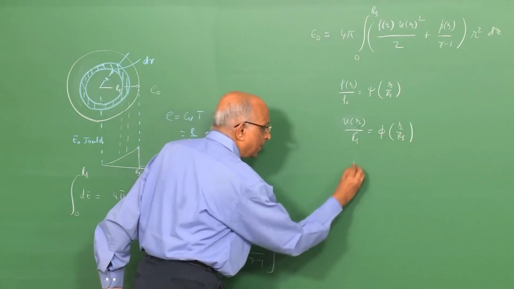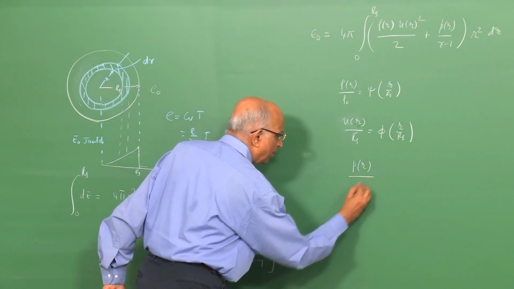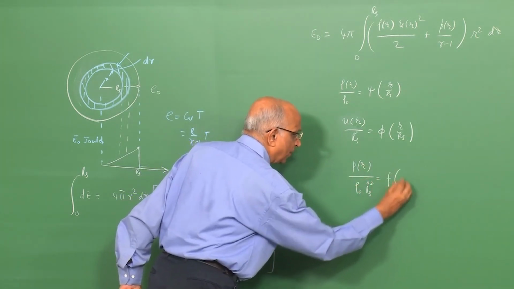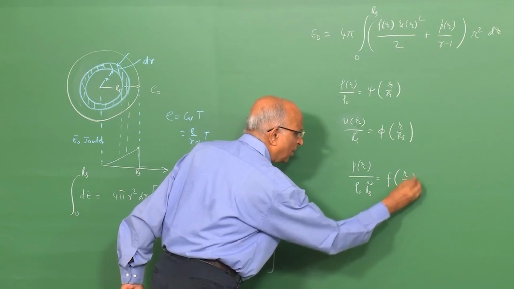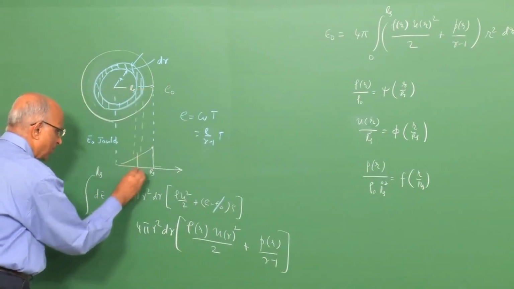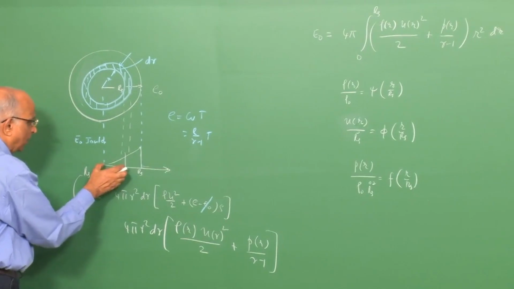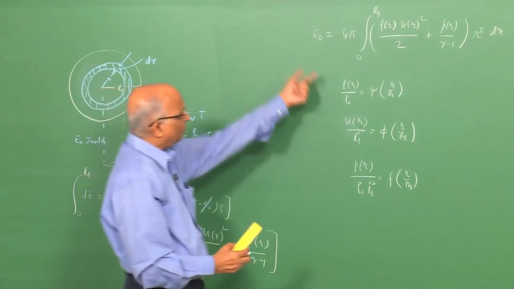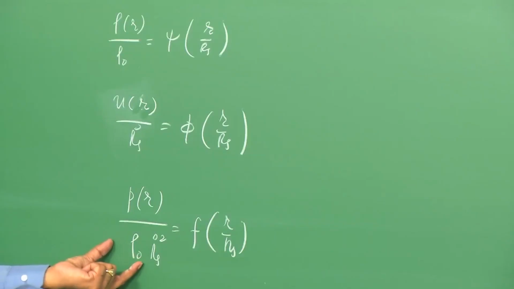Similarly, I have P at r divided by rho 0 into Rs dot square is equal to F of r by Rs, all functions of the distance from the shock. Maybe I am interested at this particular r, I am looking at the value of r by Rs. Therefore, I would like to solve this equation subject to distributions like this.